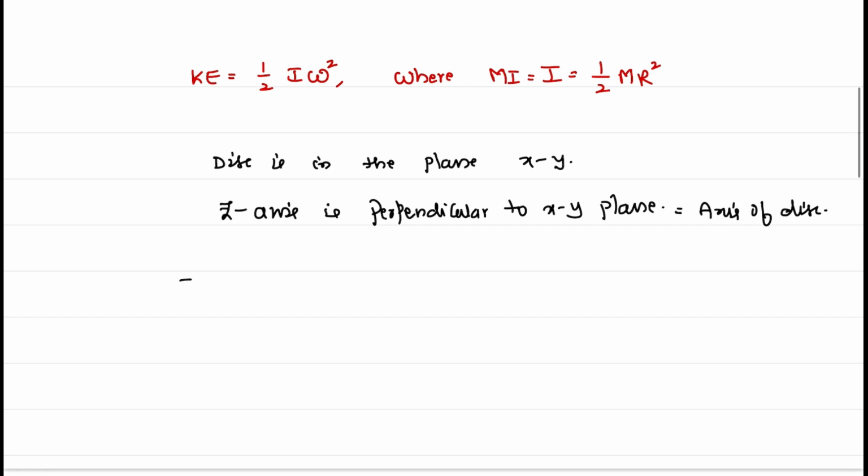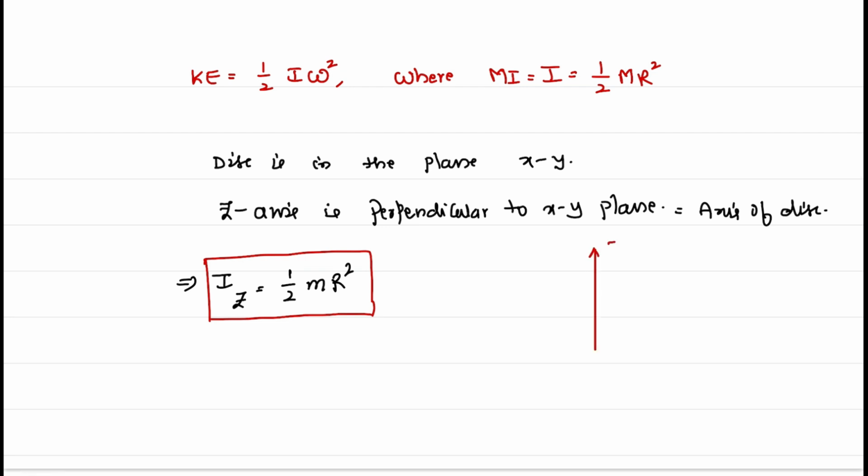In this case, Iz is equal to half mr square. This is the moment of inertia for a disk which is in the xy plane, rotating about an axis perpendicular to the xy plane. That axis is Z, like this.